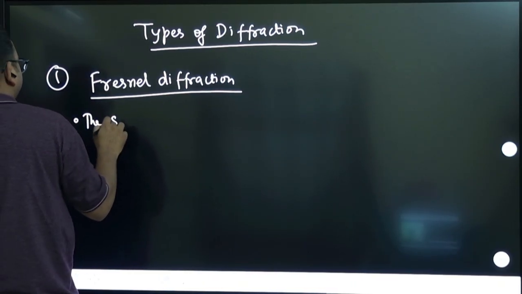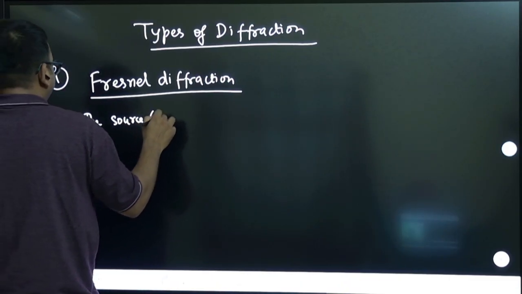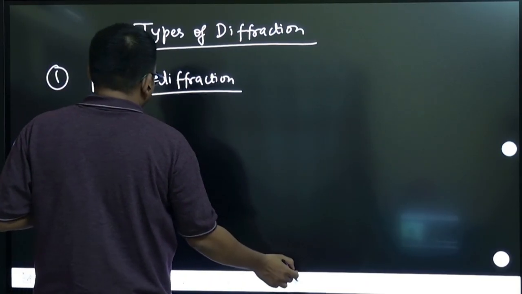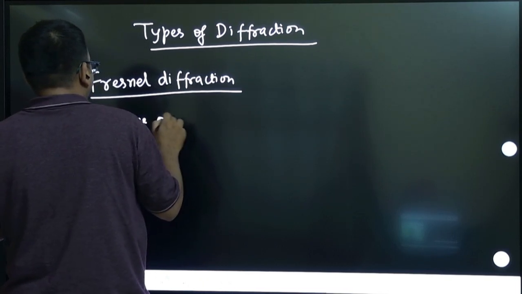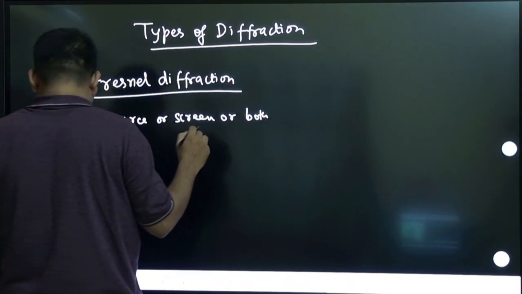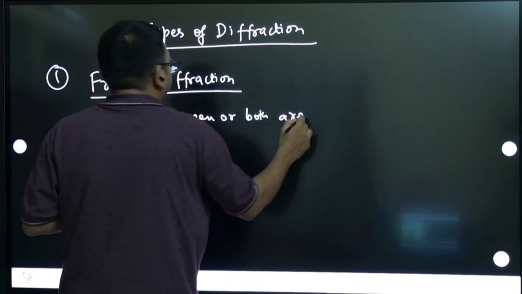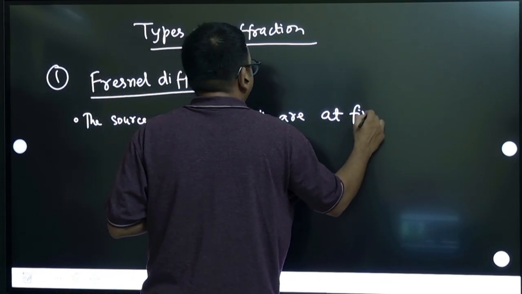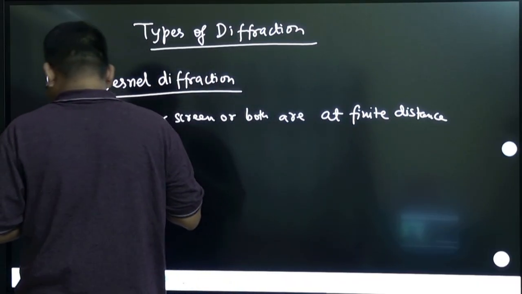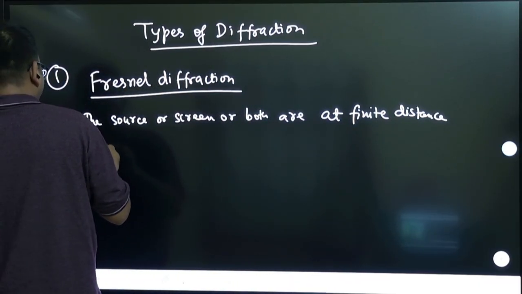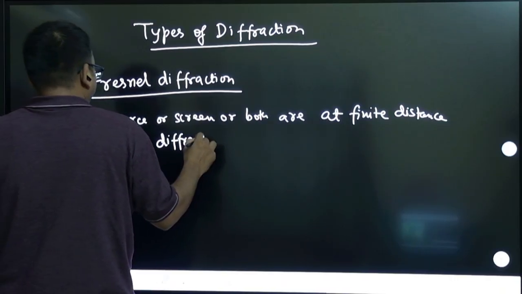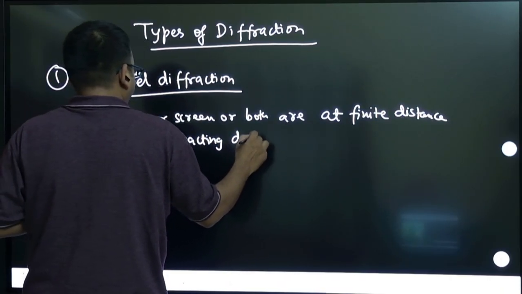The source or screen, or both, are at finite distance from the diffracting device.